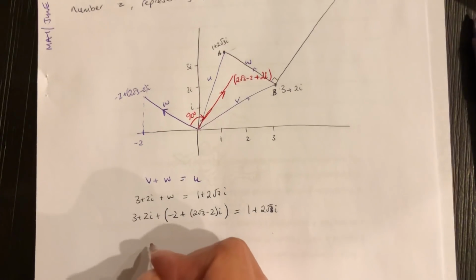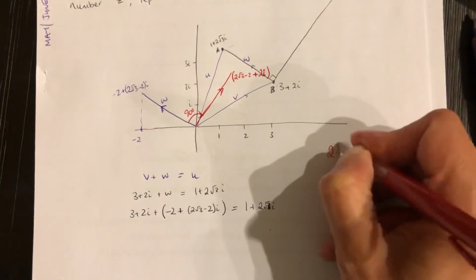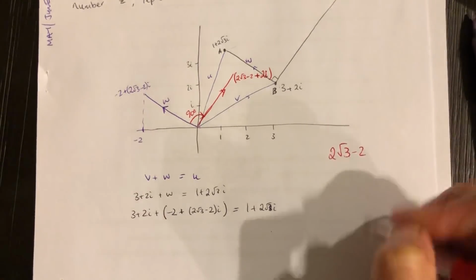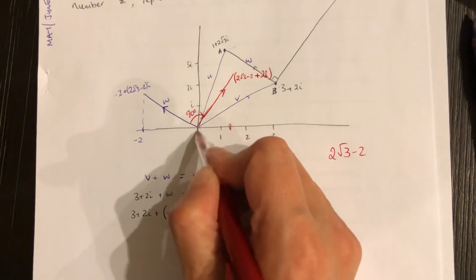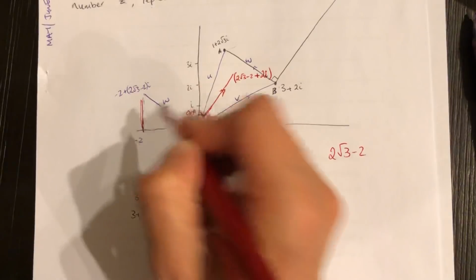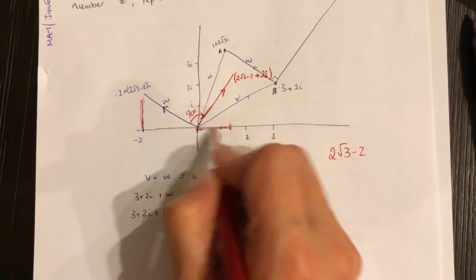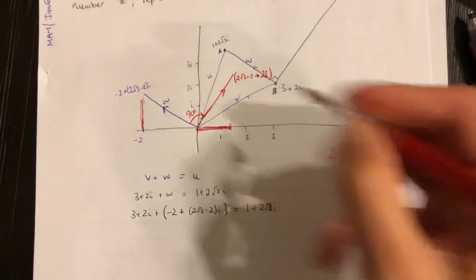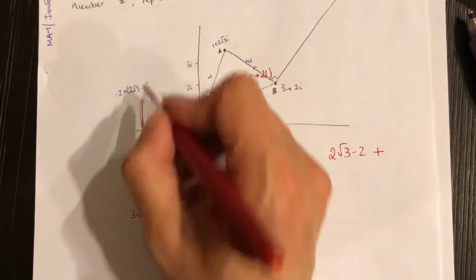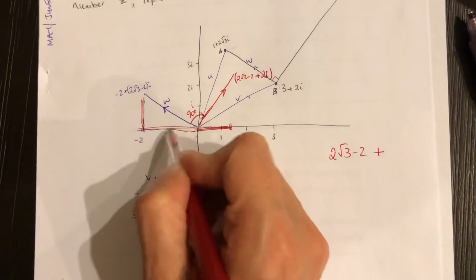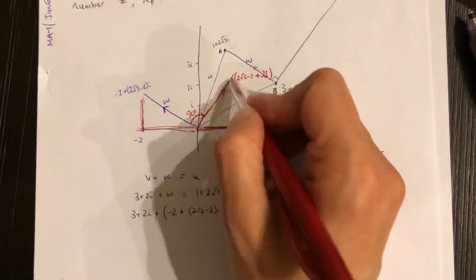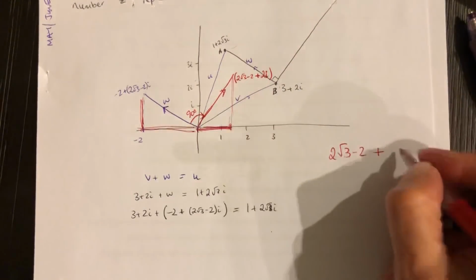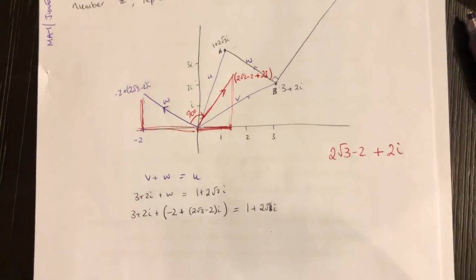So I'll write it out so you can see it a little bit better. That was 2 root 3 minus 2 as the bit that's along the x direction, because that was this part of the triangle. If we turn it around that way, that'll be this part here. And then add on the y direction, the complex part. So this part here has got turned up here, that'll be plus 2i.